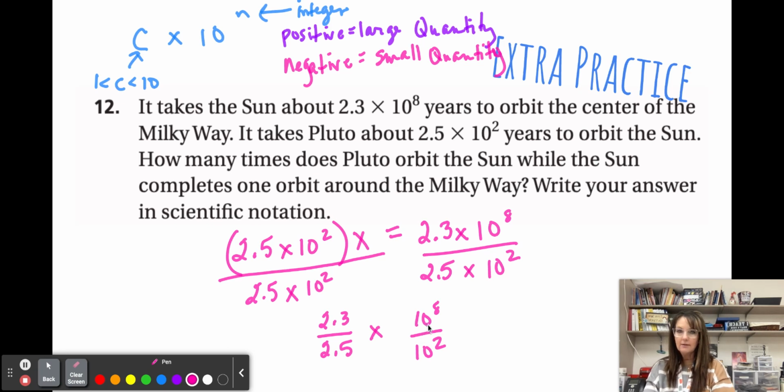So if you did this on your calculator, you would get a number that is less than 1, 0.92, right? Because that's a smaller number on top. Now, we know that this first part of it has to be greater than 1. So I am going to have to move this decimal to the right one place.